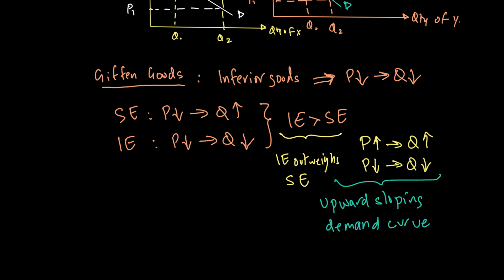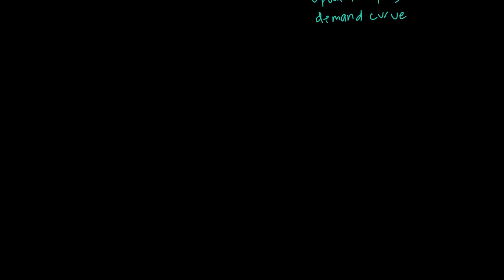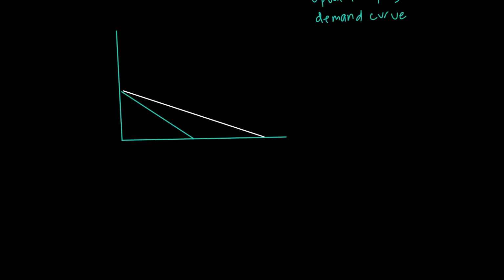Now, in terms of our diagram, we'll first draw a budget line before and after. We will then draw our indifference curve, I0, and then what we'll show is that our income effect will be such that it will be asking us to buy less of this good.